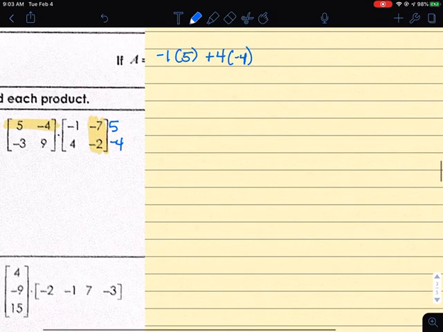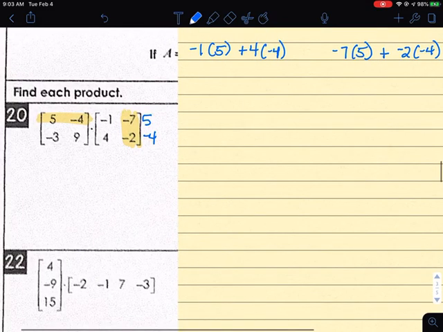And then in my work over here, I'm going to stay on the top row, but scoot over to the right side, and -7 times 5 add to that -2 times -4. That's done with the top row. So now, let me erase all my highlights.